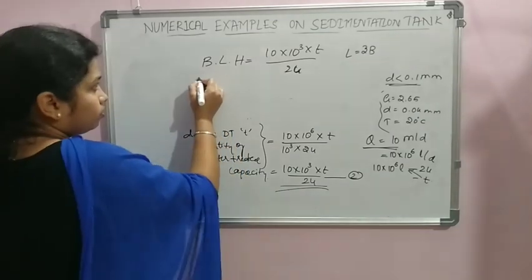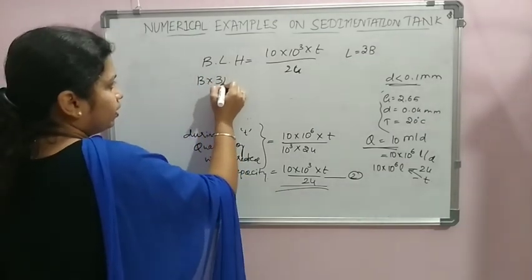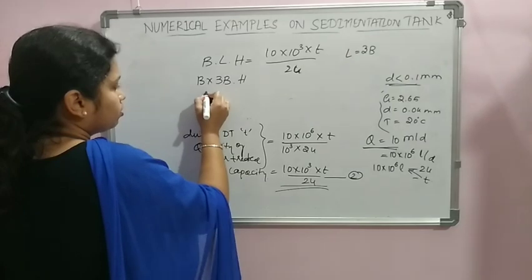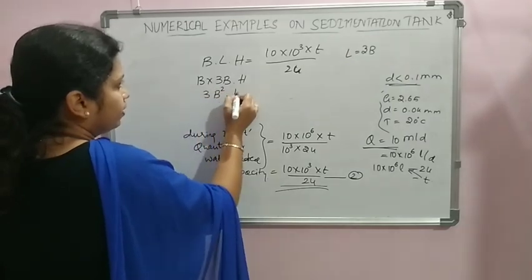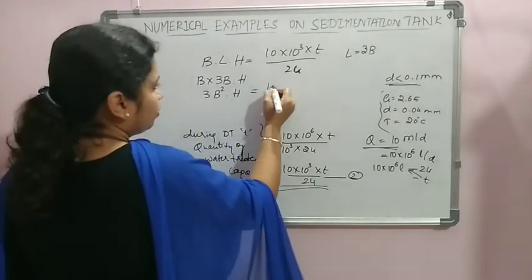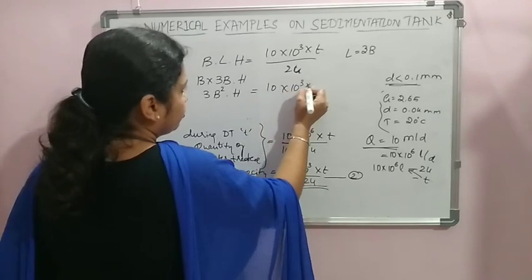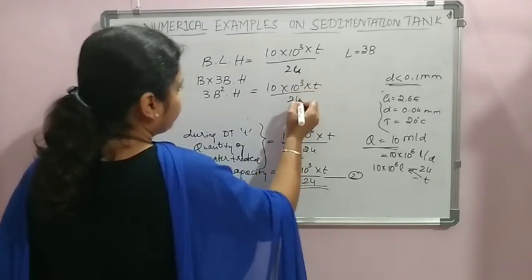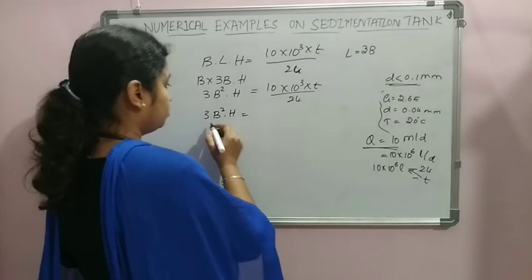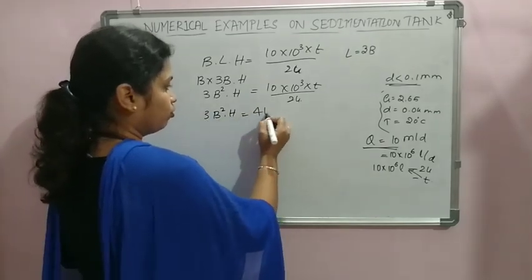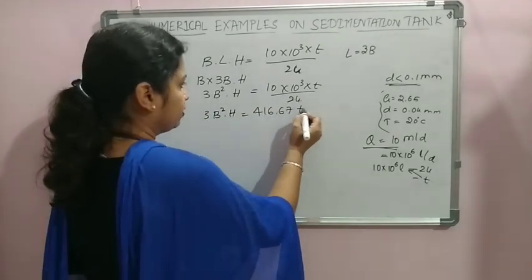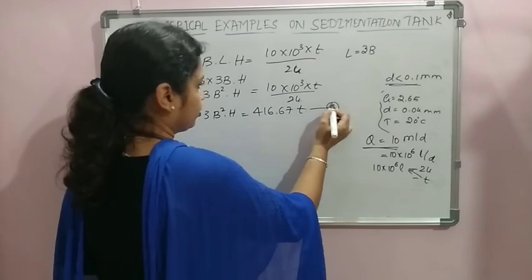So B into 3B into H, 3B square into H is equal to 10 into 10 raised to 3 into T divided by 24. On simplification, 3B square H is equal to 416.67 T. Let us call this equation 3.